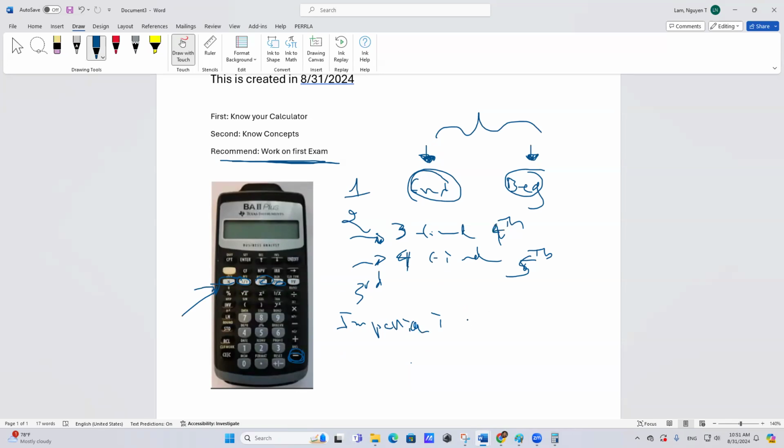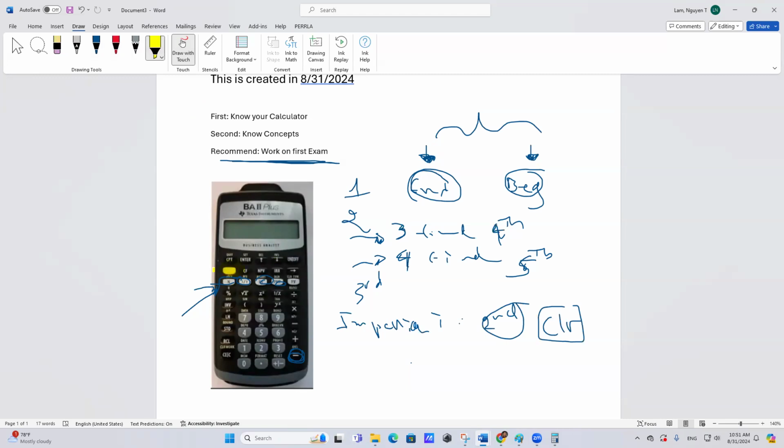You hit the second button, the yellow one, and then the clear button. Where is it? It's right here, let me highlight it for you guys.